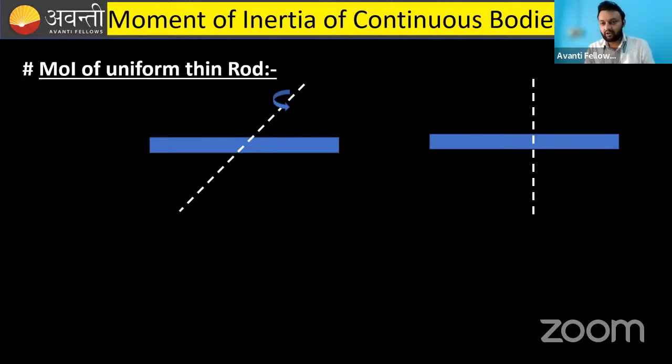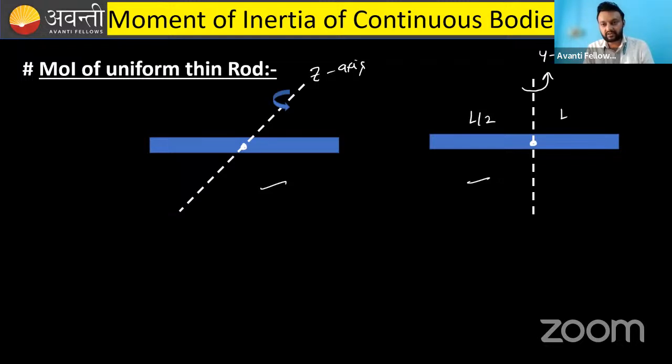Suppose the rod is placed along the x-axis. In both diagrams, the rod is along the x-axis. Do you notice that in this diagram the axis is along the y-axis, and in this diagram the axis is along the z-axis? But the main thing is that the axis is passing through the center point or midpoint of the rod in both situations.